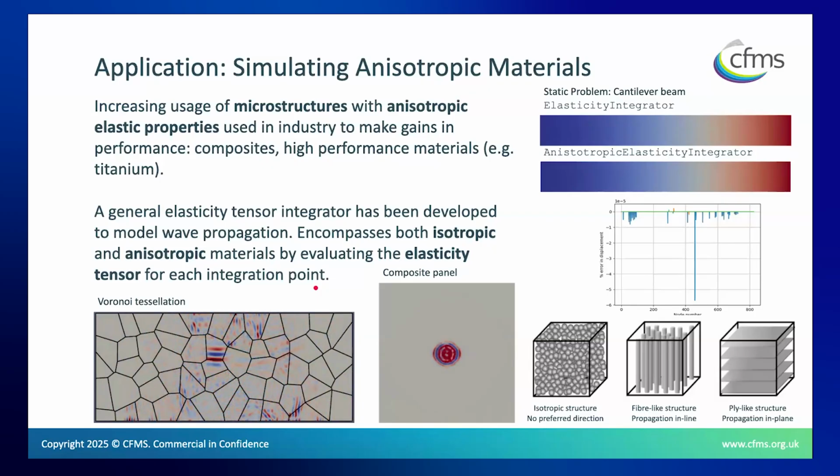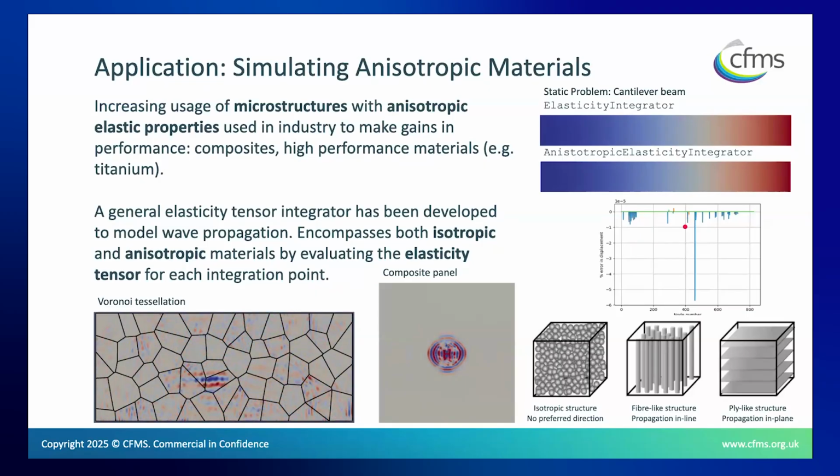So we've tested it for both isotropic and orthotropic materials. On the right here, I've just got a cantilever beam where we're showing on this plot the percentage error in the displacement at each node, where we've got X, Y, and Z in blue, orange, and green, just to demonstrate that we're able to validate that it's doing the same thing under the same conditions.